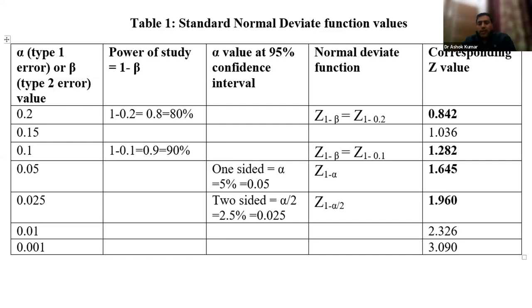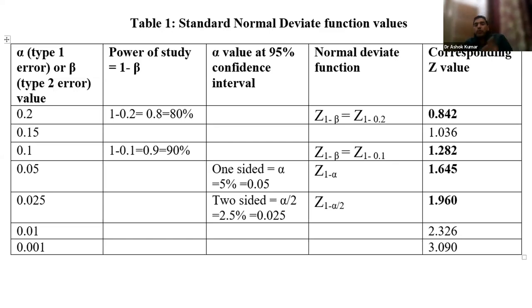When we are calculating sample size for superiority and inferiority, we use this one-sided alpha. For others, we use two-sided alpha. So please remember, if you are calculating sample size for a superiority and inferiority trial, then we have to use Z1 minus alpha, and what is the corresponding Z value?